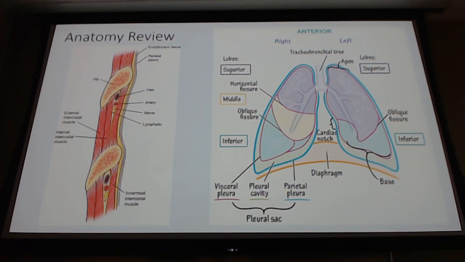We have the parietal pleura. This is the lining of the inside of the rib cage, okay? It does have actual sensation. It is innervated. It does have sensory nerves. Okay? This is why rib fractures, and any procedures to the lung or to the chest, actually hurt. Okay? And then you have the pleural cavity, where you get pleural effusions, which we'll talk about, but where a little bit of fluid is, so that your lungs slide nice and smooth against your rib cage.